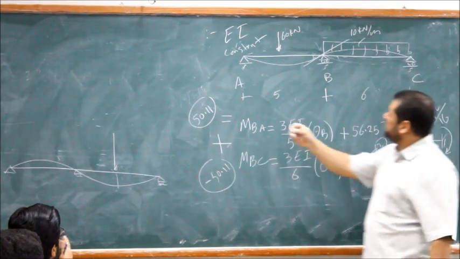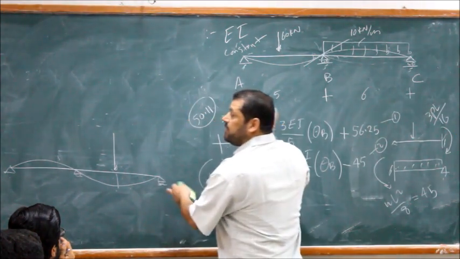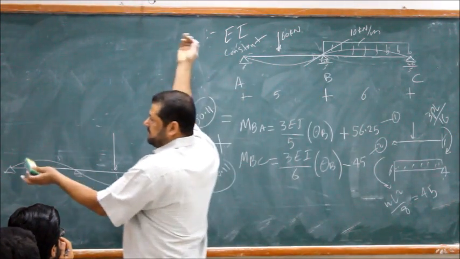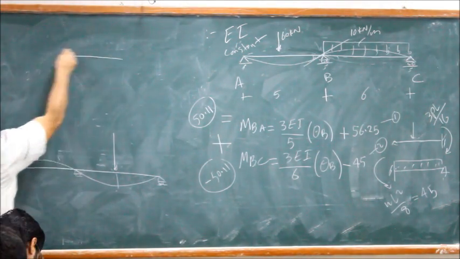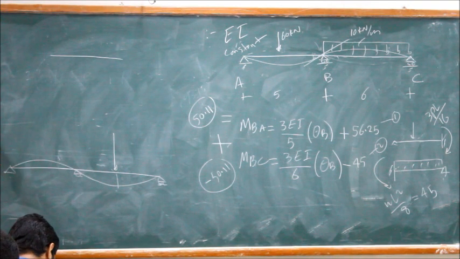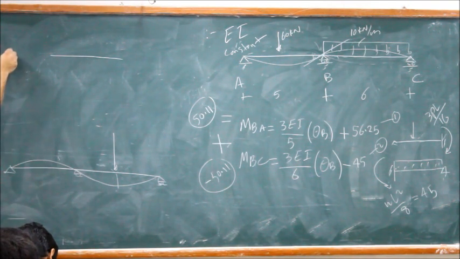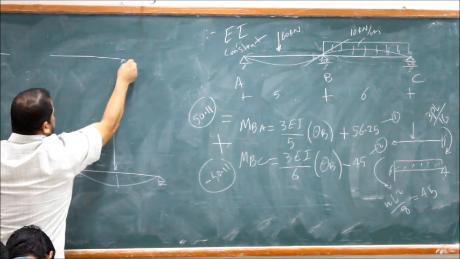So what do we have here? Remember we have MBA, we don't have the reactions yet. And MBA is nothing. We calculated the end moment. So I have this one like this, I have this one like this.